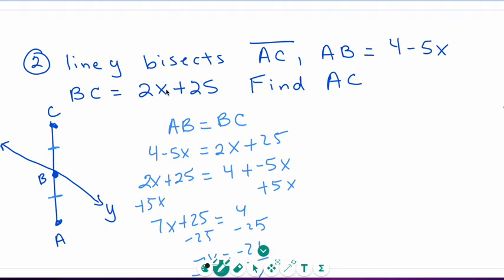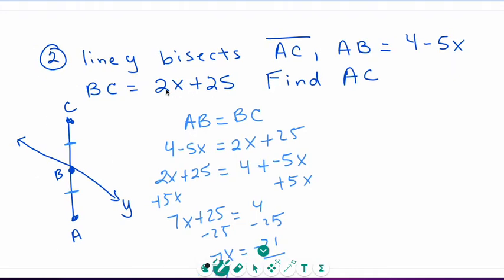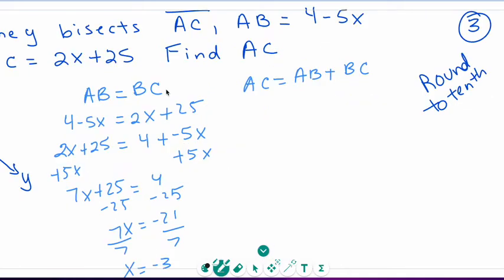Now I'm trying to find AC. So I know that AC is equal to AB plus BC. So I'm going to go ahead and do my substitution.